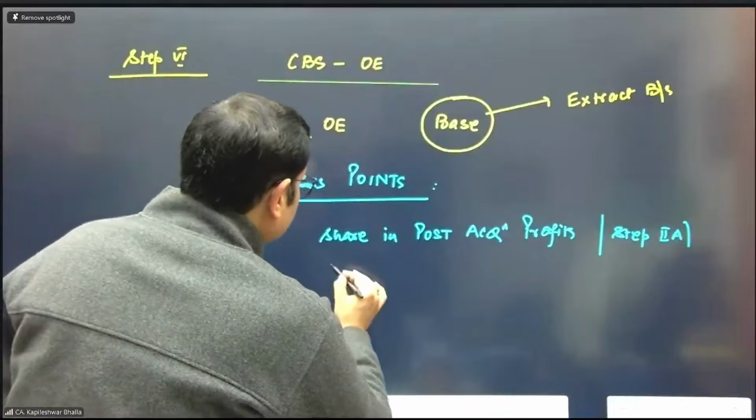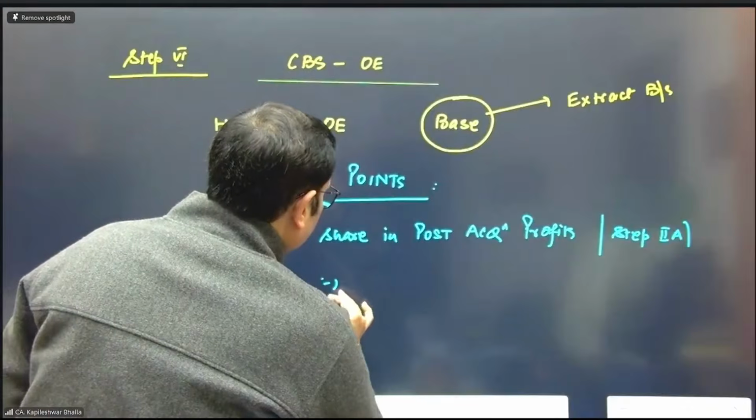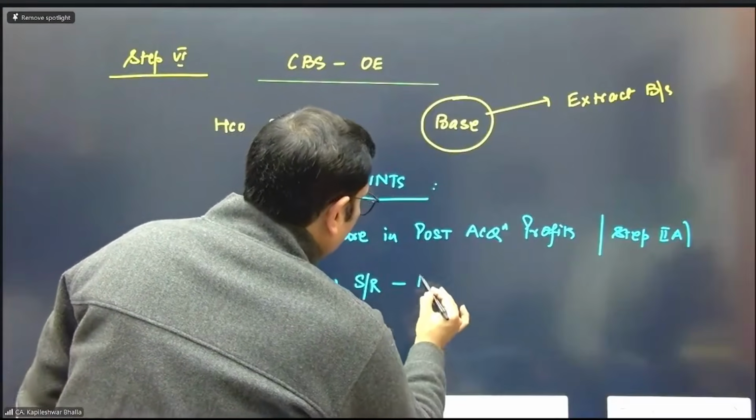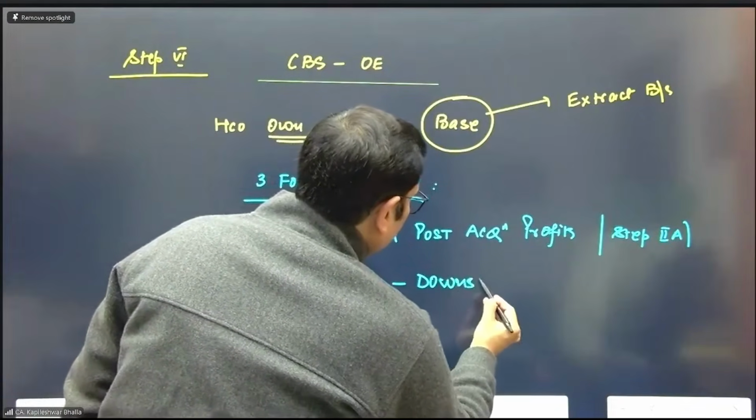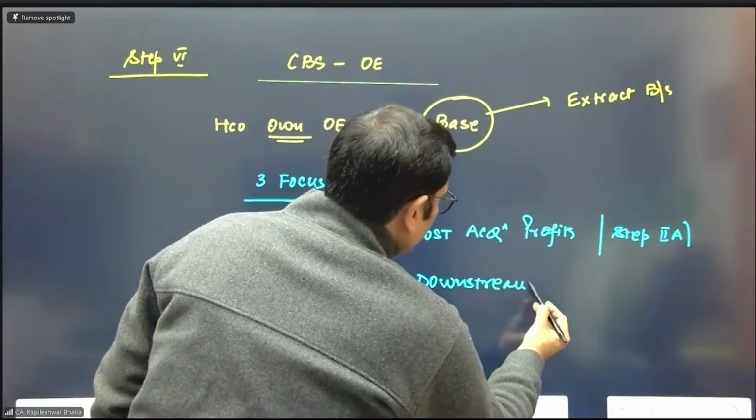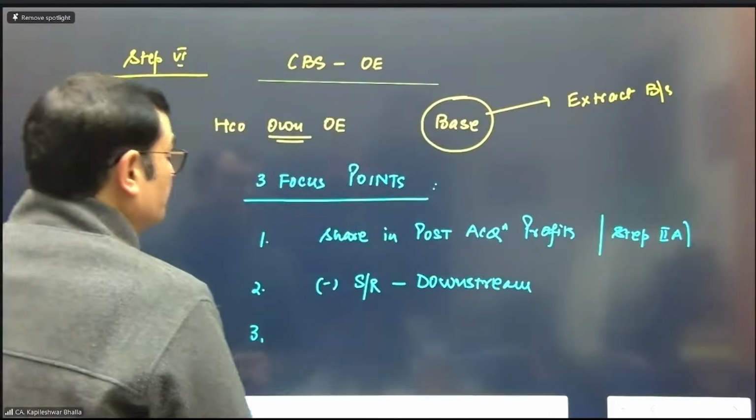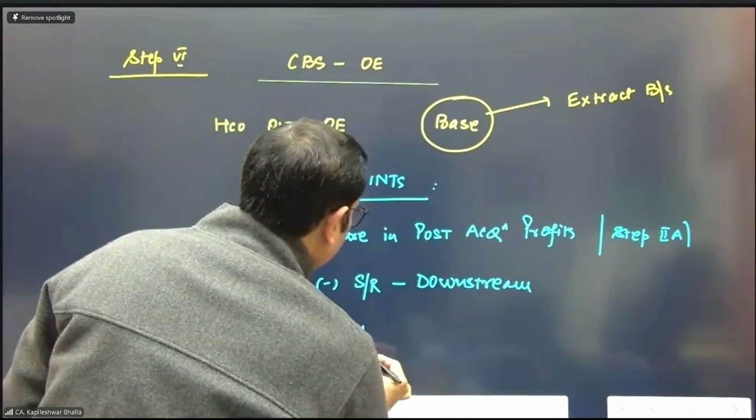So in this particular case, the next one is reduce the stock reserve, which is downstream in nature, and then reduce the goodwill impairment.